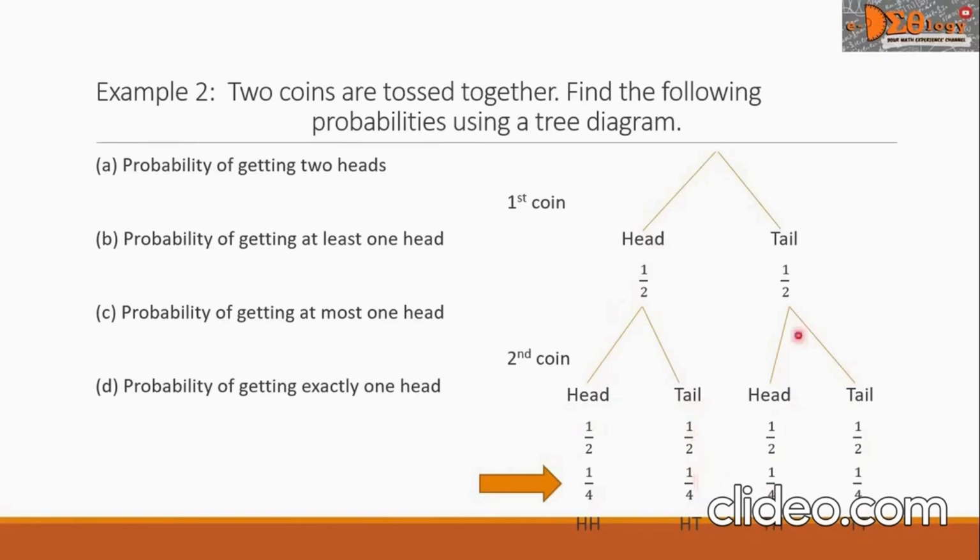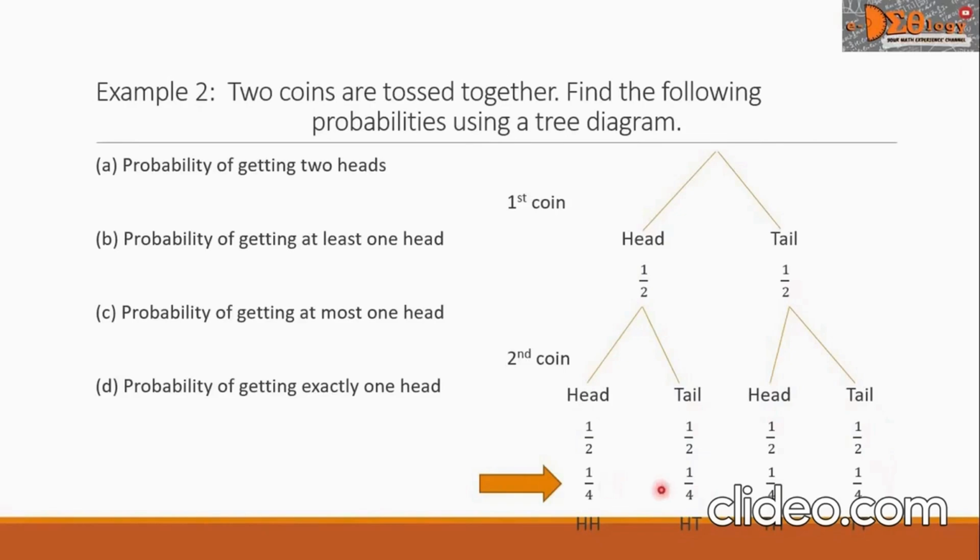The next is, when the first coin is tail and the second coin is head, the probability is 1/2 times 1/2, and the answer is 1/4. And the last, when the first coin is tail and the second coin is tail, the probability is 1/2 times 1/2, and that is 1/4.